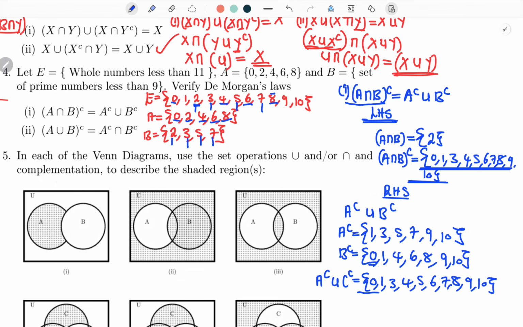Now, look at this particular set that we have found. This set that we have found is the same as this one. They are both the same. This tells you that your left-hand side and your right-hand side are actually equal. And this is how you prove De Morgan's law.